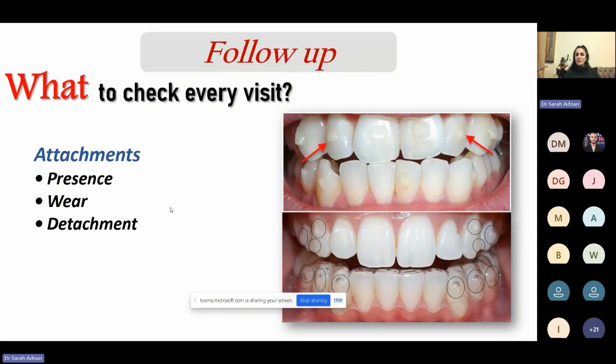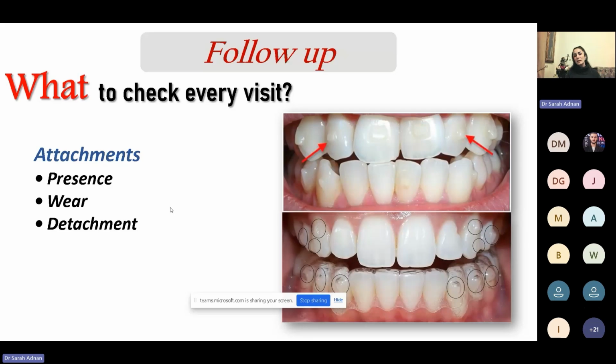In some cases, there will be wear of the attachment due to poor quality of composite or due to an occlusal issue, such as occlusal interference, or whatever leads to attachment wear.